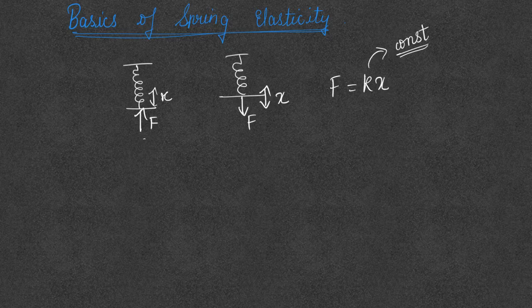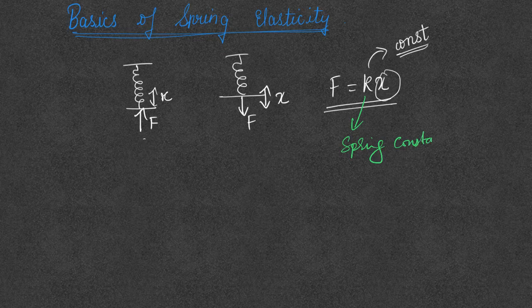As you can see in this formula, the force which is applied is directly proportional to the displacement of the spring. So what exactly is this K, also called the spring constant? This K is fixed for a particular spring made up of a particular material. Let's say you have a spring made up of copper with a particular thickness, the K of that spring will be constant within reasonable limits.